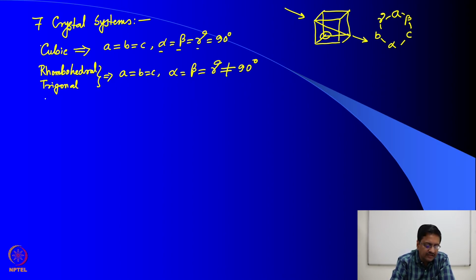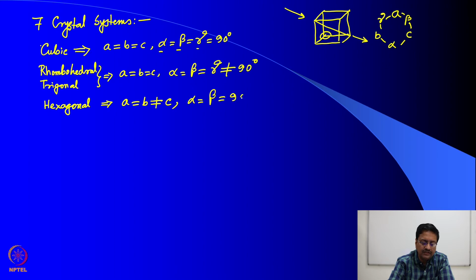The next symmetric is called the hexagonal. In this hexagonal lattice, you can have A equal to B not equal to C. So, now one kind of difference in the cell dimension is incorporated. Here alpha equal to beta equal to 90 degree and gamma is equal to 120 degree.